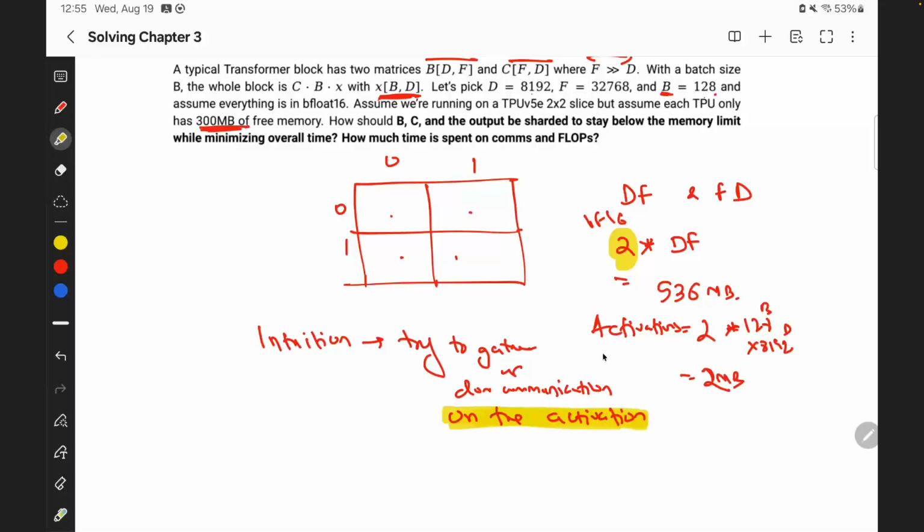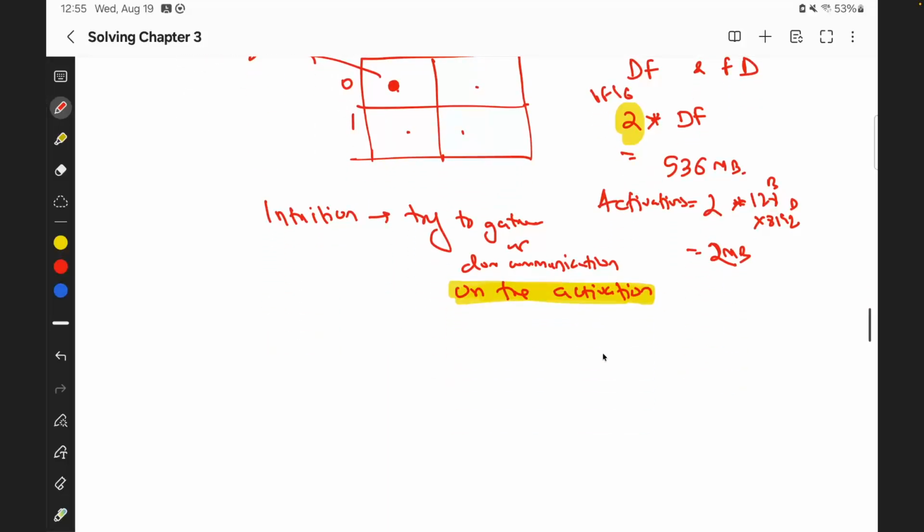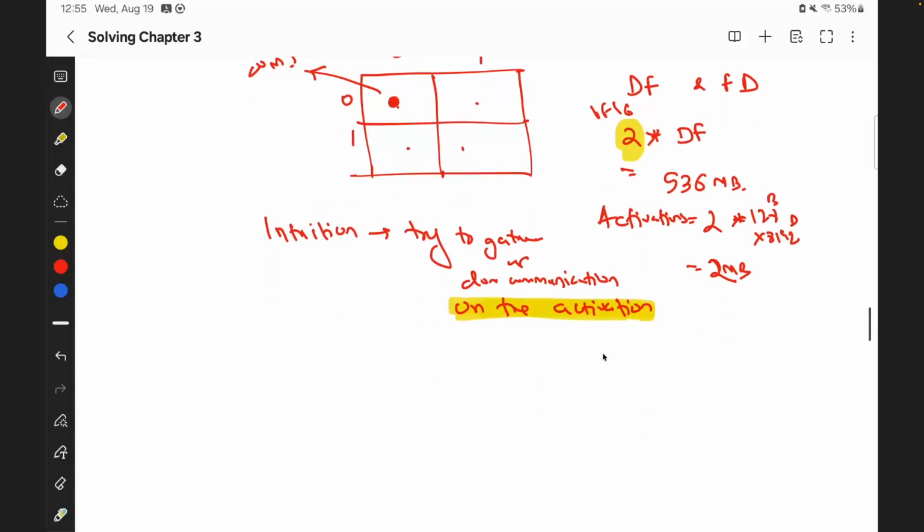If you try to have the entire weight matrix on one of the devices, you will run out of memory. But if you gather only the activations, you won't have the problem of gathering more than what is prescribed here.